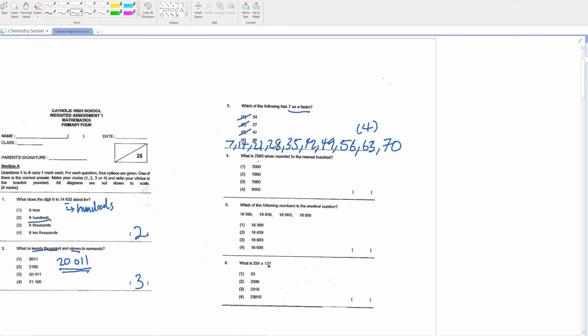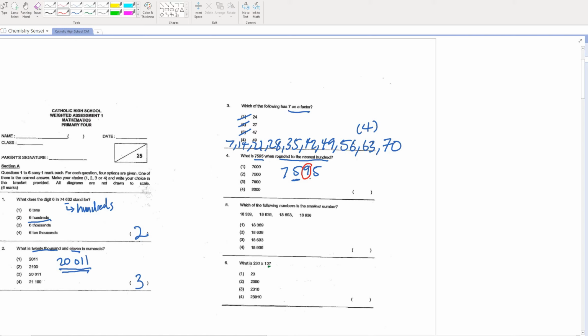Next, question 4. What is 7,595 when rounded to the nearest hundred? So we have 7,595. Okay, so for us to round it off to the nearest hundreds, we need to take a look at the number at the tens place.